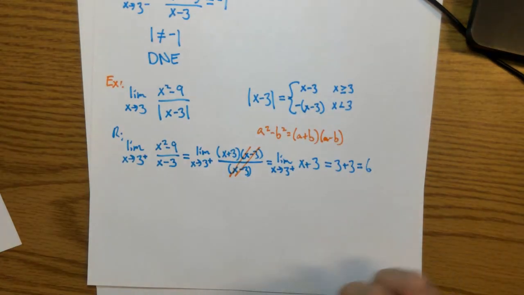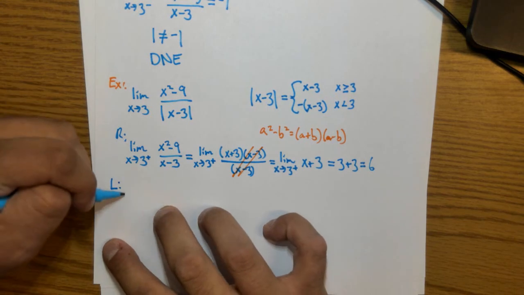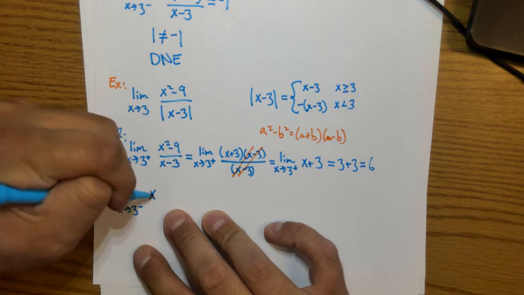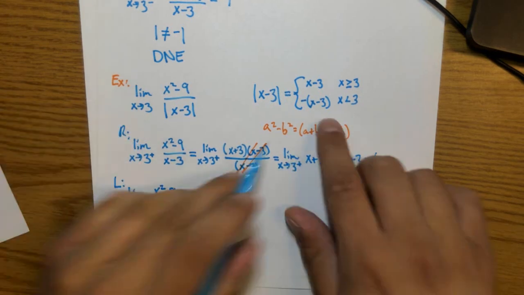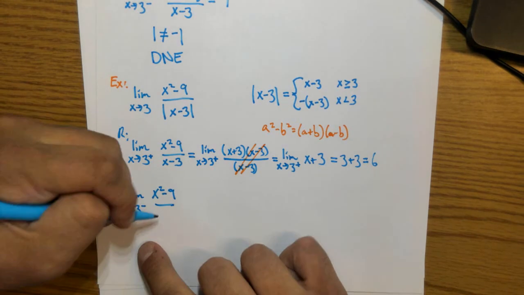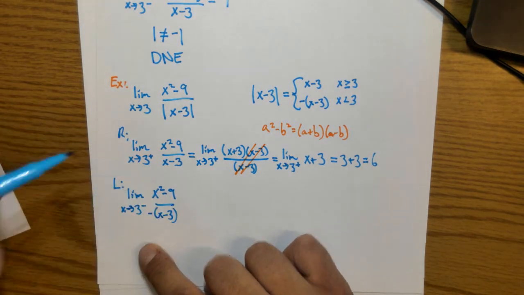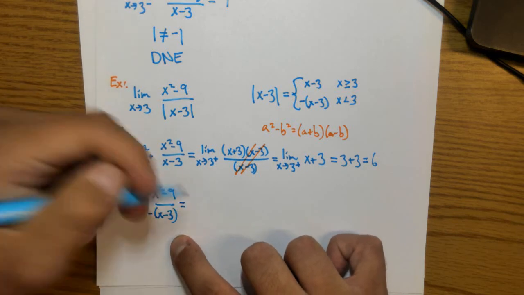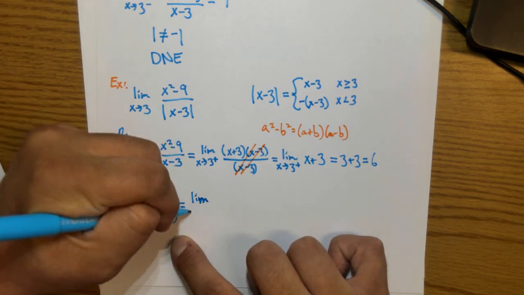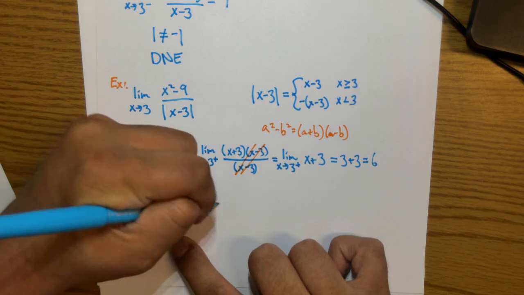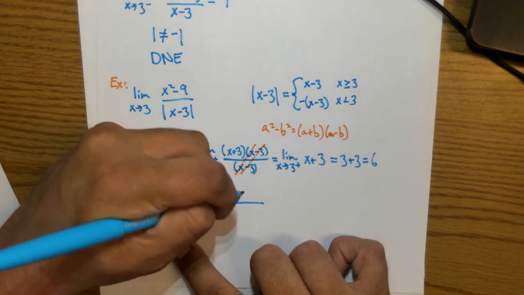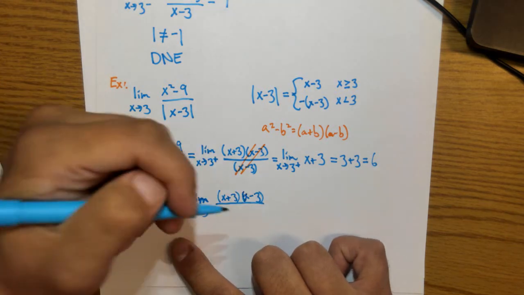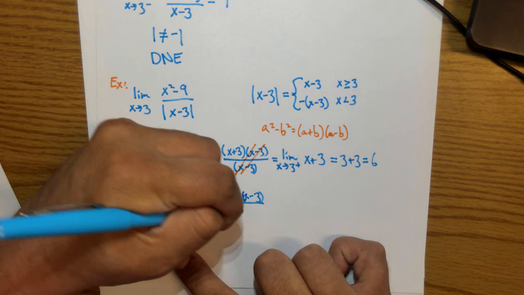Now let's do the same thing from the left-hand side. So the limit as x approaches 3 from the left of (x squared minus 9) over, now we're using this function, negative (x minus 3). And again, we see that this is still a difference of squares, so let's go ahead and write that as factors. This is the limit as x approaches 3 from the left of (x plus 3)(x minus 3) over negative times (x minus 3).